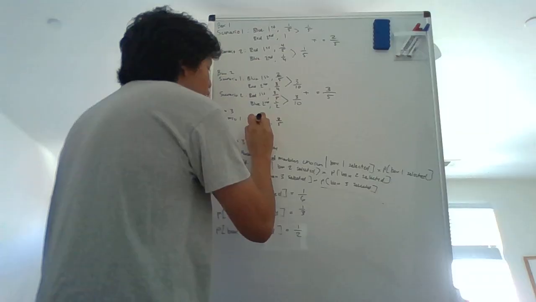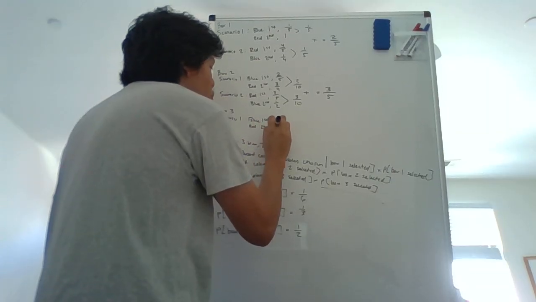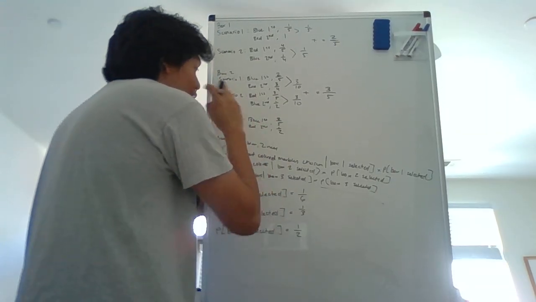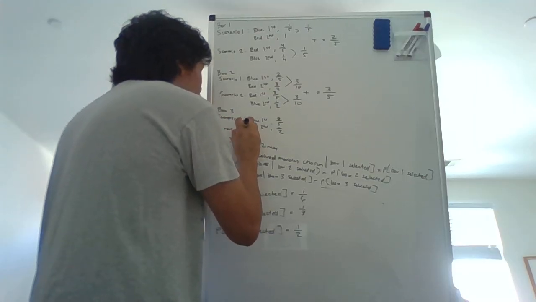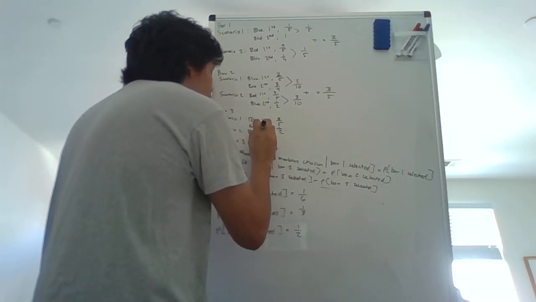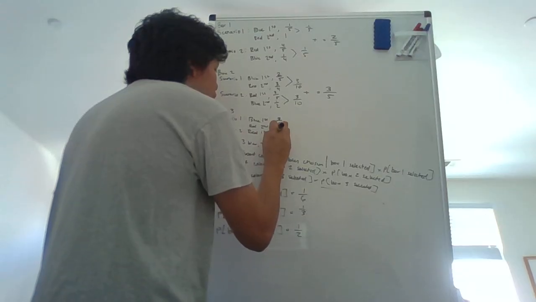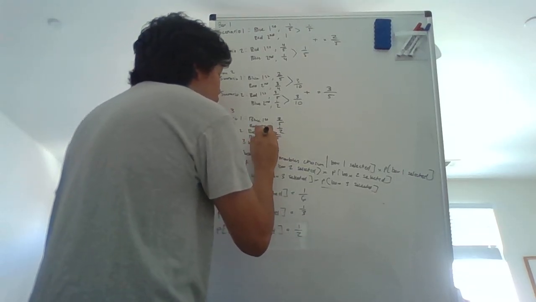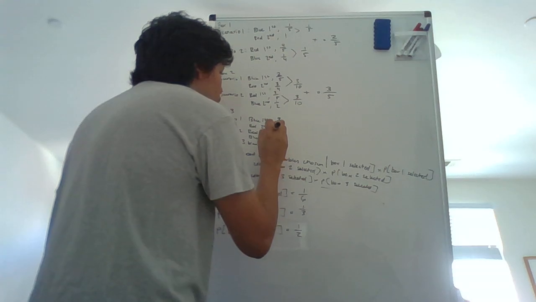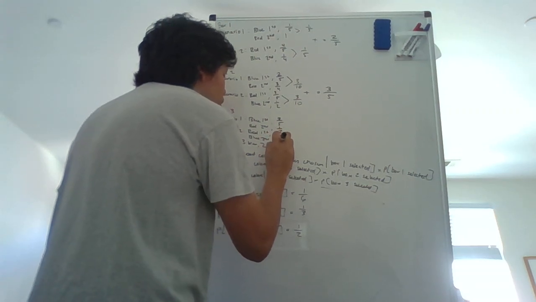If we pull the red one second, that is a 1/2, 2 over 4, 1/2 chance. Okay, scenario 2, if we pull the red first, then that is a 2 in 5 chance happening. And if we pull the blue one second, that is a 3 in 4 chance happening.